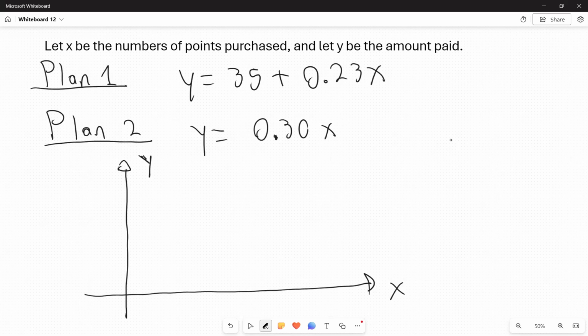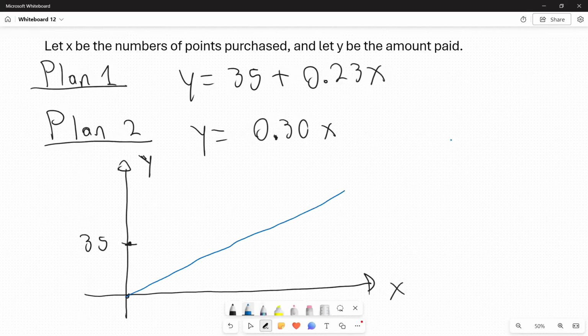Okay, so we know the y-intercept of the line for plan one is 35, and the other one is at the origin. And the equation for plan two has a larger slope, so the line is going to be steeper.